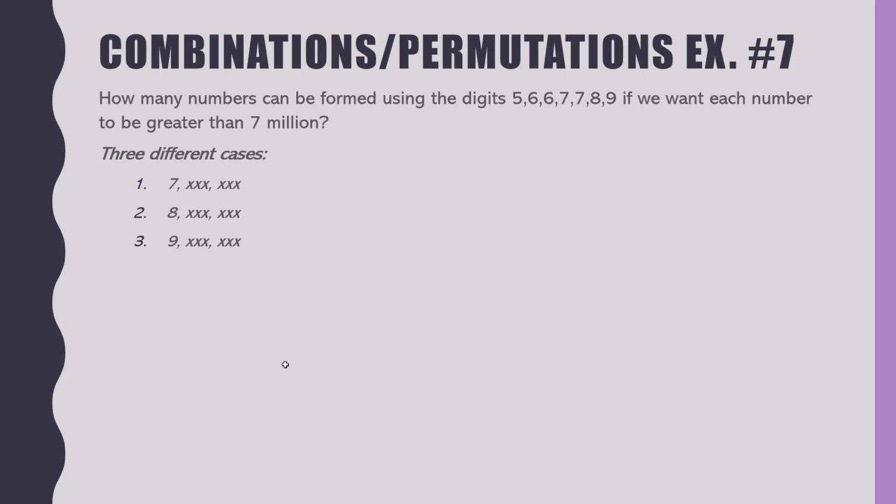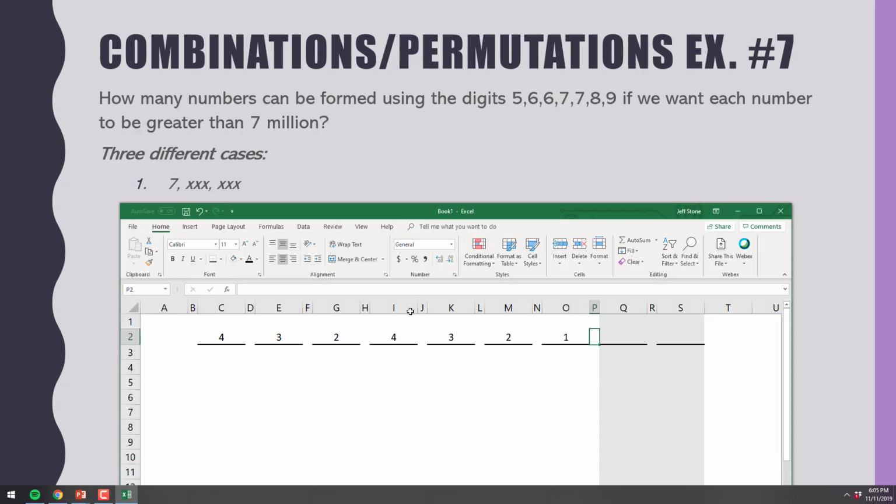But now that I have this one scenario of starting with 7 or an 8 or a 9, now what? Well, we've used up one of the numbers, right? So once we've used up one of the numbers, then we could just fill in the rest. So what's it gonna end up being? It's gonna be 6 factorial, right? Let's go back to our spreadsheet here. And this is a 7-digit number, which I believe is how many I have blocked out here. And so the first scenario, there's only one way to get a 7, right?